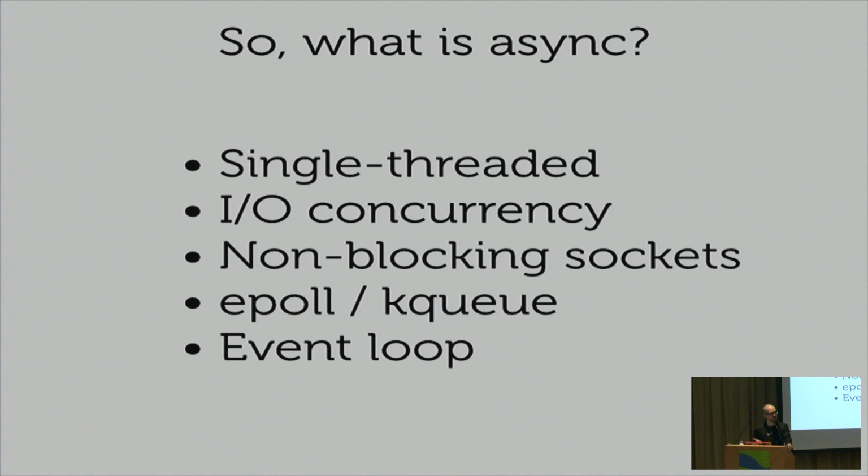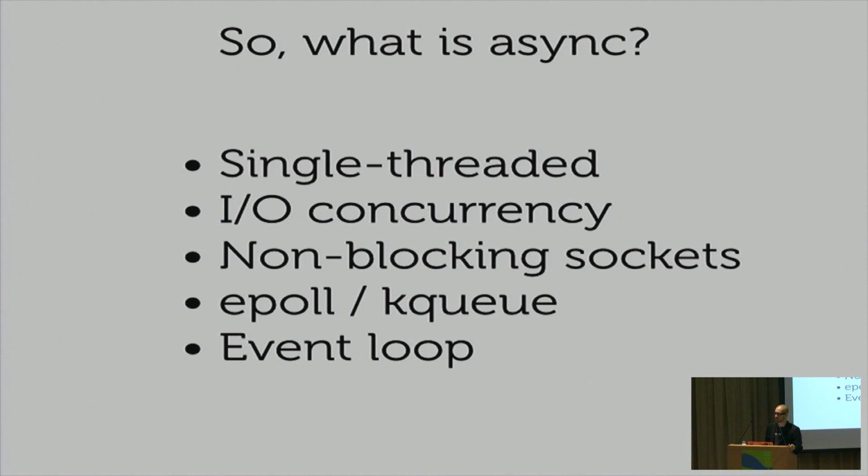But that's okay because we write Python, we have a global interpreter lock, we can't use multiple cores anyway. What async frameworks can do is I/O concurrency. They can launch many I/O operations and then wait for all of them concurrently and respond to them in the order that they complete. They use non-blocking sockets to achieve this.